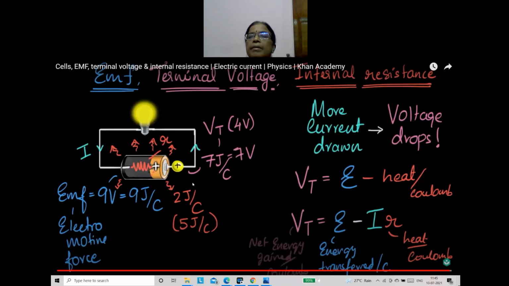Sagar, Srirag, Riya. Krishnaprabha, tell. The terminal potential difference is the difference in potential between the two terminals of the cell when current is drawn from the cell.